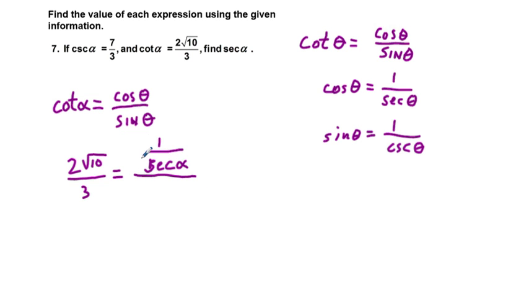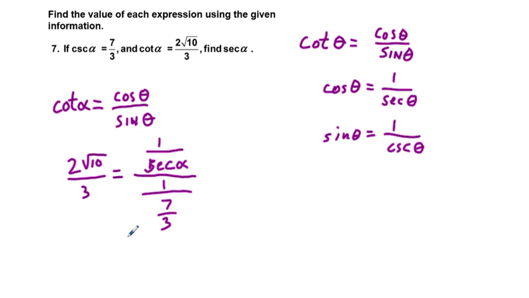And then we're going to write down it's over sine theta, right? So sine theta is 1 over cosecant theta, so that's going to be 1 over, and we're given cosecant theta being 7/3.